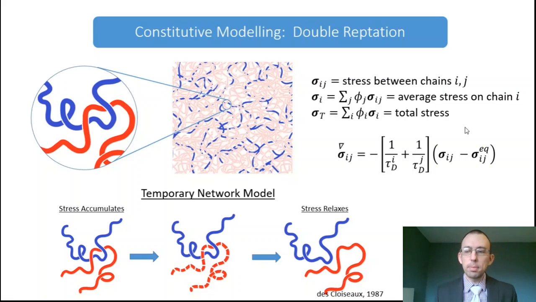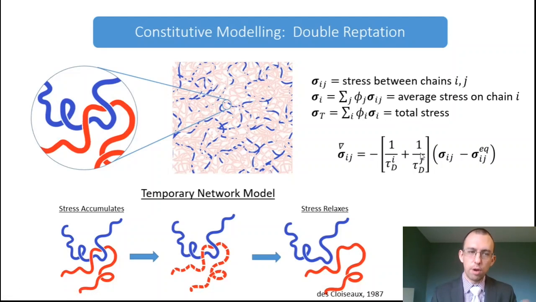Now typically the double reptation mixing rule is represented as an integral constitutive mixing rule, but it can be equivalently represented in a differential constitutive form wherein the reptation rates just strictly appear as additive rates of relaxation.